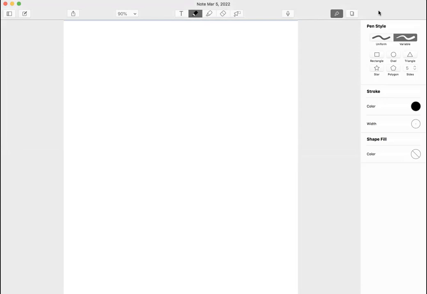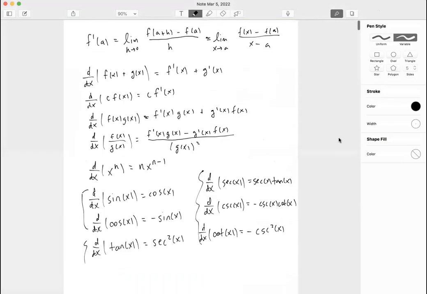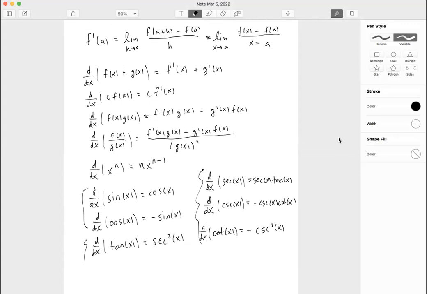Like if we're finding the derivative of sine of x times cosine of x, we just start off by using some of the trig rules, like it becomes cosine of x times cosine of x plus negative sine of x times sine of x, right? So that's a good place to get started.